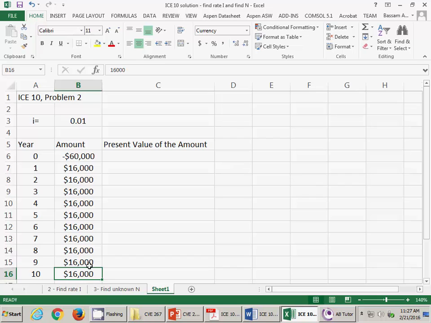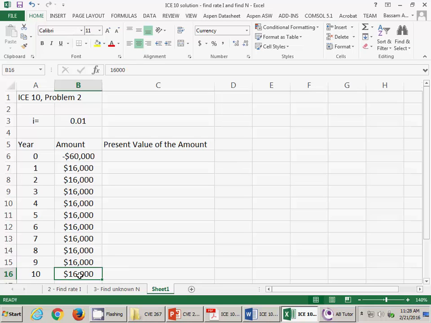So the question is, if you put all this money in the bank, if you put 60,000 in the bank, how much interest do you have to earn so that you can withdraw 16,000 every year until year 10, and then at the last withdrawal, there's nothing left. So that finishes all the money in the account when you take out the last 16,000.